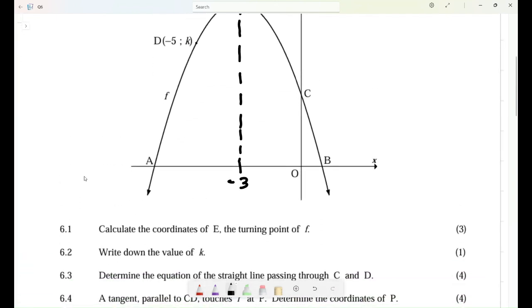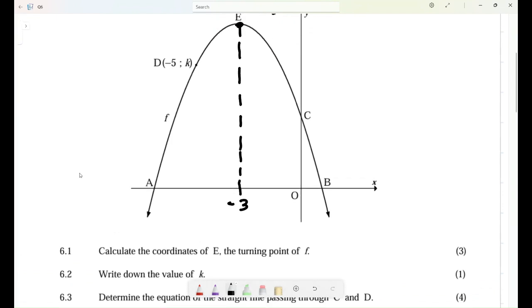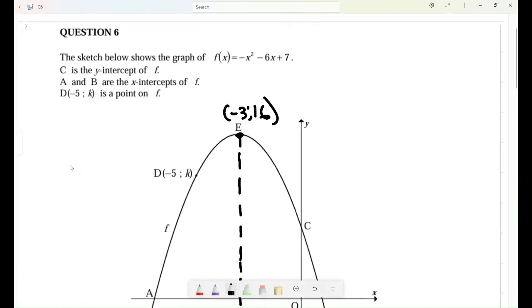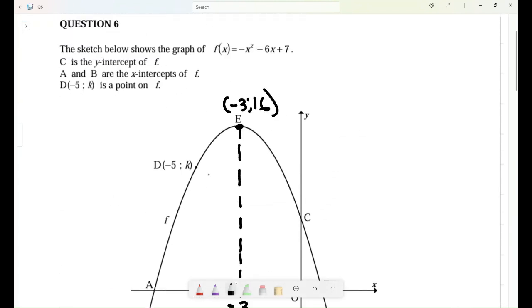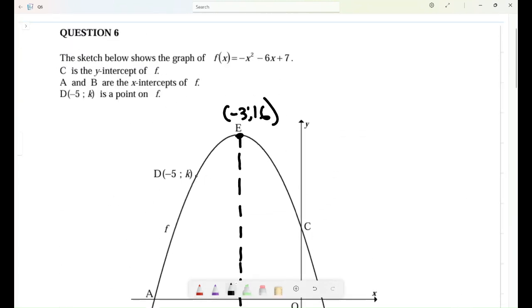6.2 says write down the value of k. Remember this point, it is a point on this function, right? But we know the x value, so let's find the y value by substituting -5 here.